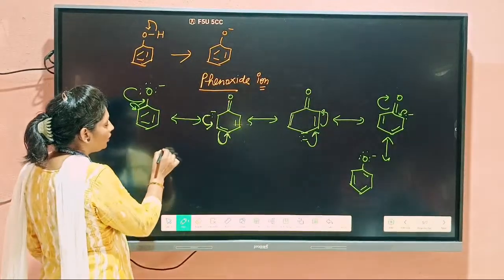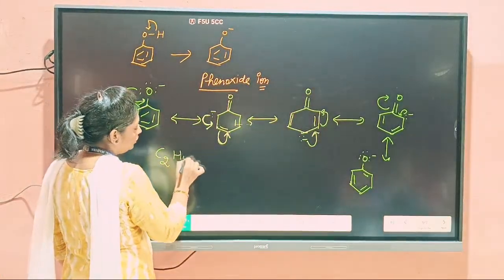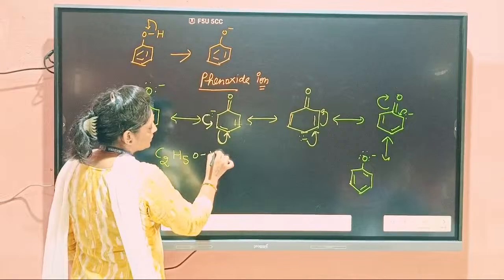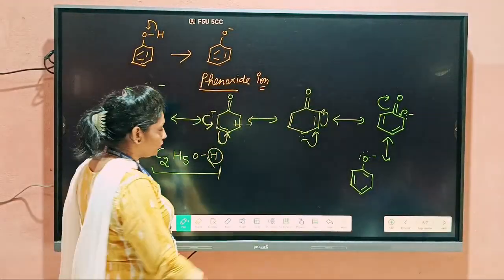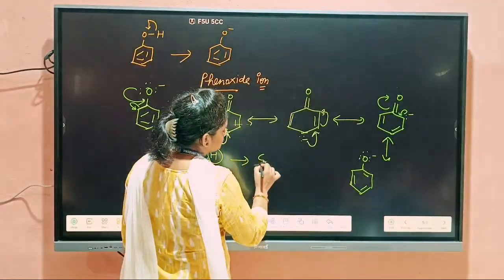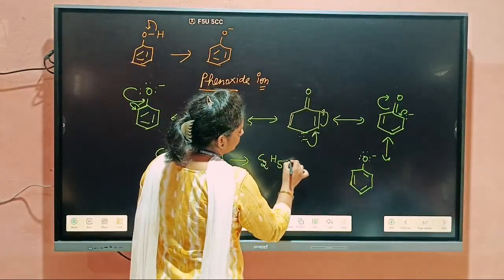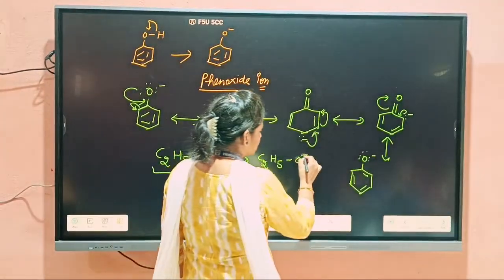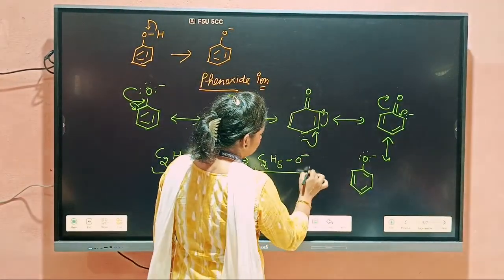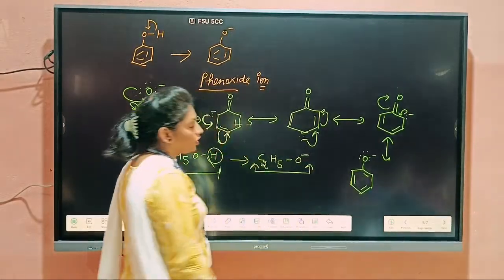But if I talk about ethanol, ethanol is C2H5OH. After donation of a proton, it will give us ethoxide ion. And here this negative charge will attain only at one oxygen. It is not delocalized.